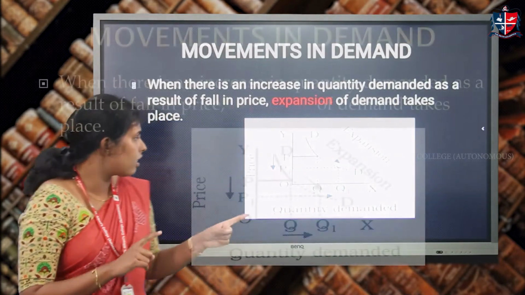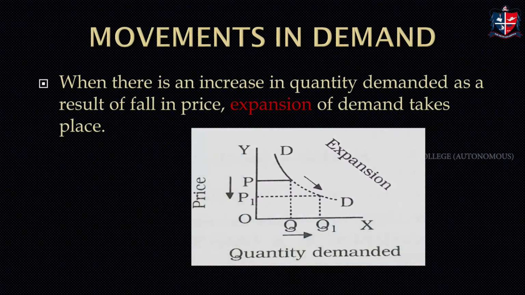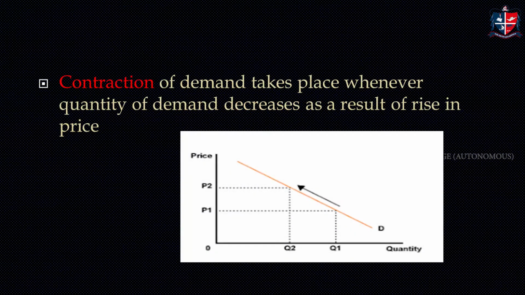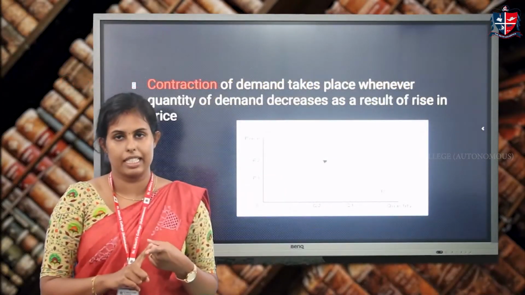This is a figure which shows the expansion. Here when the price was P, the quantity was Q. When the price decreases from P to P1, the quantity increases from Q to Q1. Here expansion takes place. Similarly, when the quantity decreases as a result of an increase in price, contraction takes place.